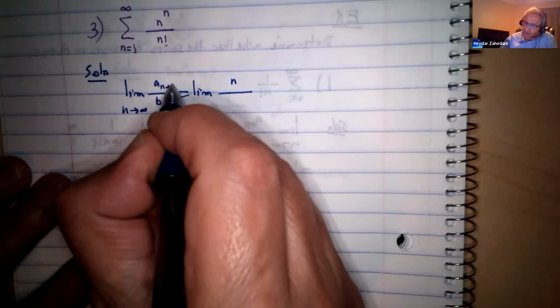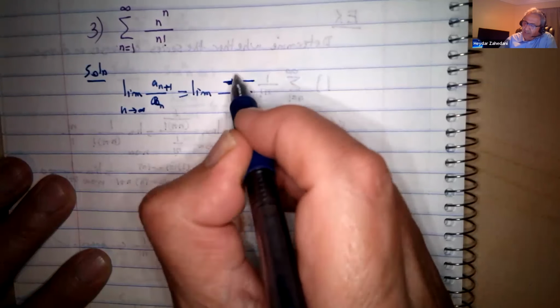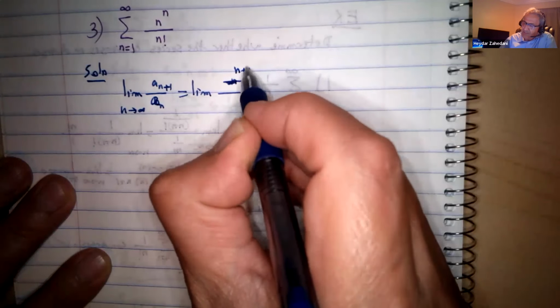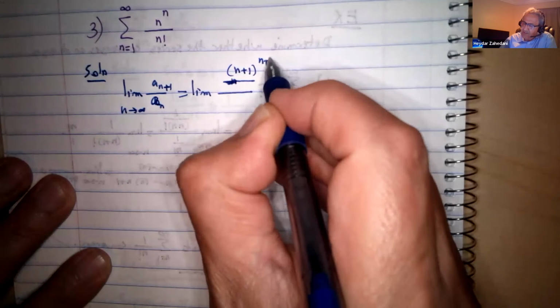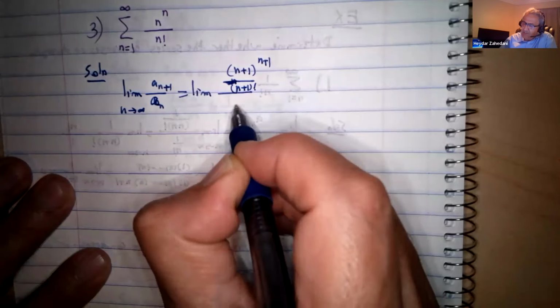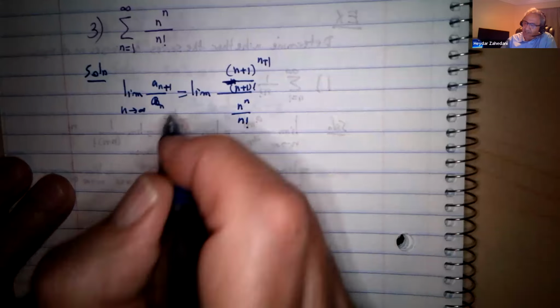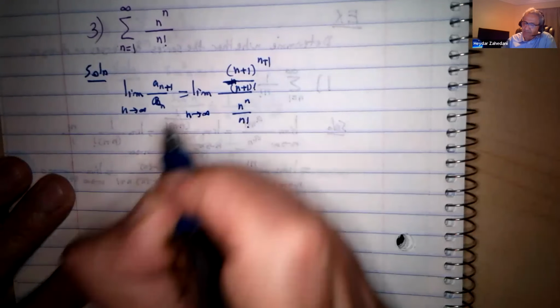I just want to use the limit comparison test. This is a n plus 1 over a n. Okay, so we have to change this into n plus 1 to the n plus 1, and this is going to be n plus 1 factorial. This is going to be n to the n, and this is going to be n factorial, when n goes to infinity.